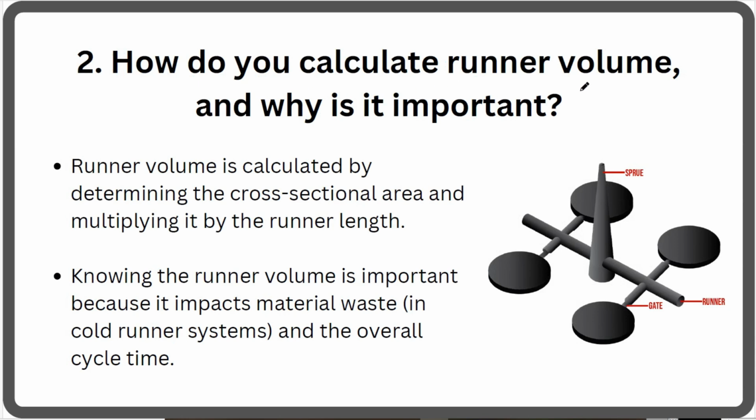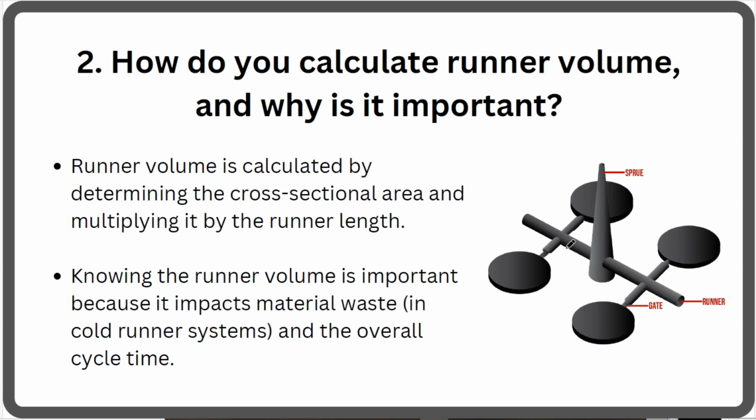How do you calculate the runner volume and why is it important? Generally the runner volume is calculated as cross sectional area times runner length. We can also calculate it in the mold design software, where we can get the exact runner volume.